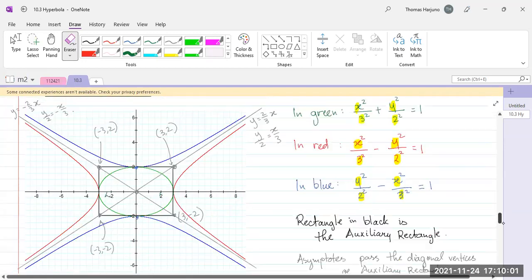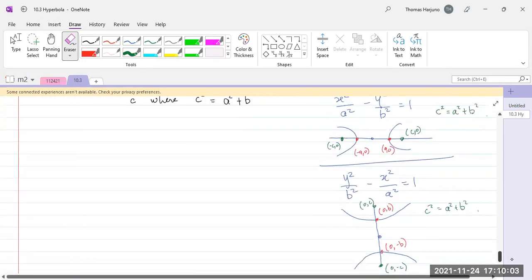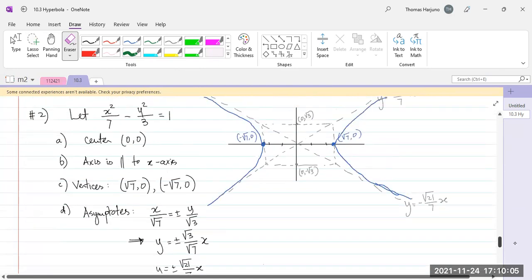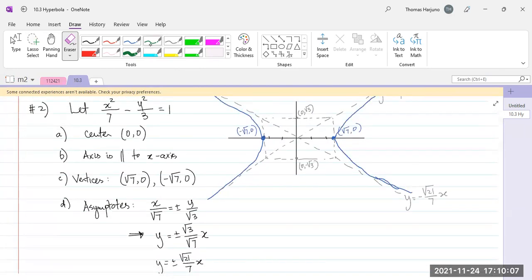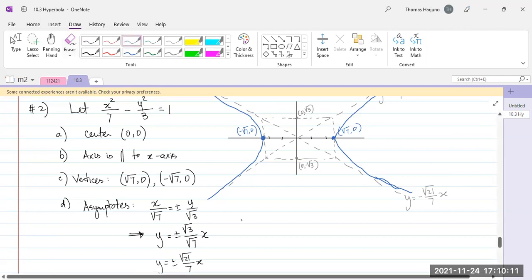Okay, so let's go back to our example then. Let's do the last example first. So going back here, where are the foci? c squared equals 7 plus 3, that equals 10. So c equals square root of 10.